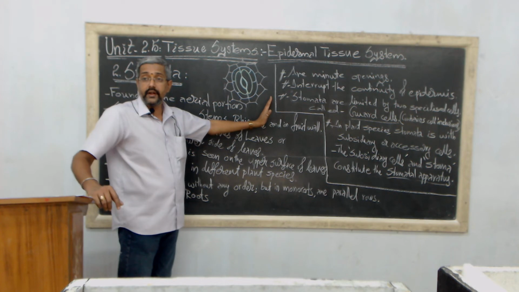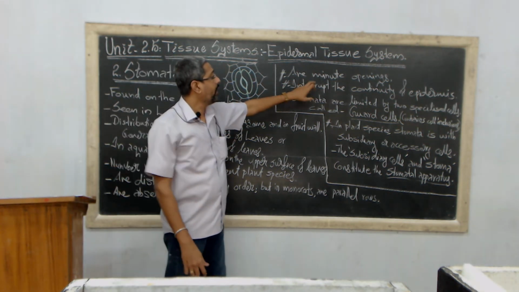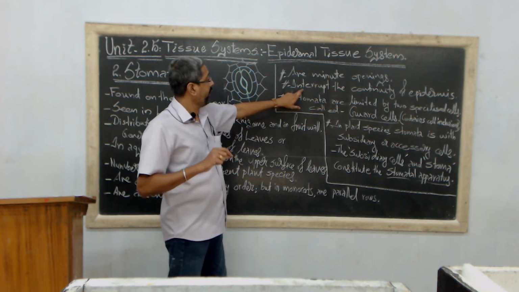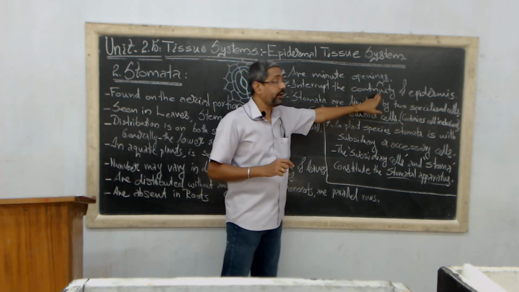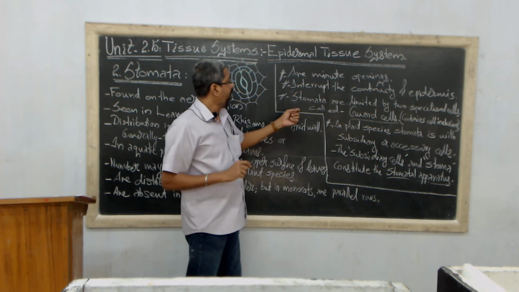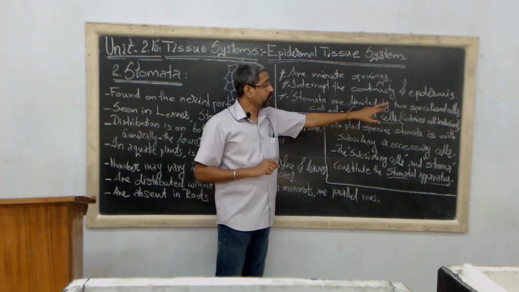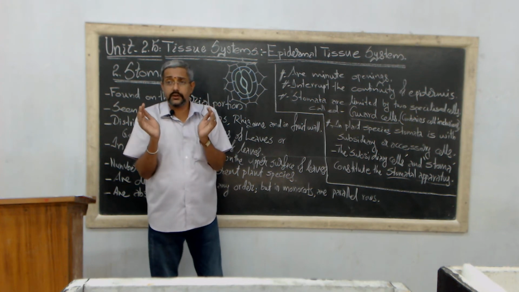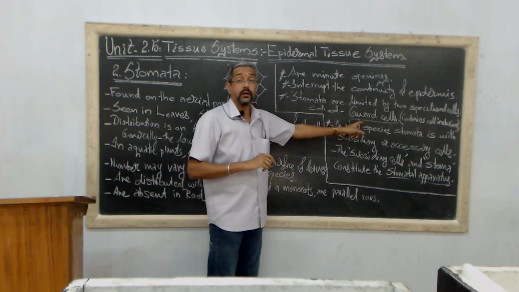Coming to the intimate structure of stomata, stomata are minute openings. They interrupt the continuity of the epidermis, and the stomata are limited, or guarded, by two specialized cells called guard cells.